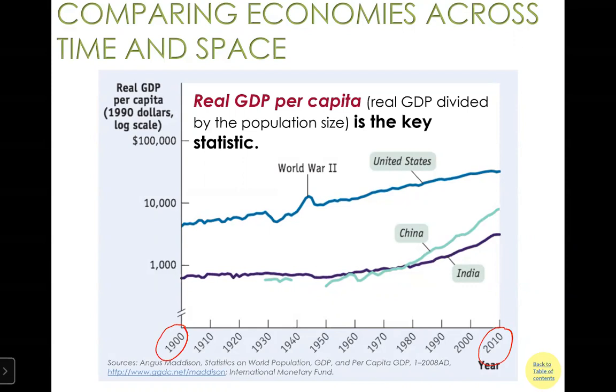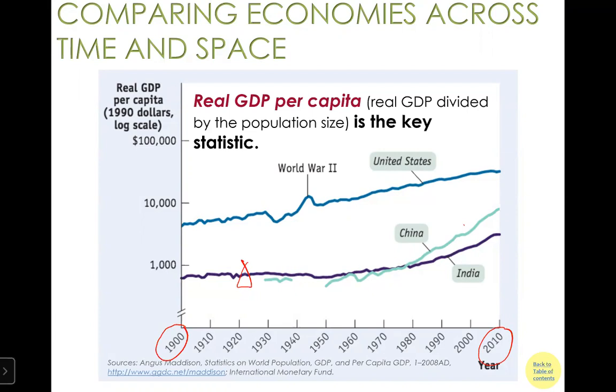And then in the middle, we have India, this solid line. And you have this light line, which is China. Okay, what have we seen from here? Few things. Number one, overall, United States is on top of China and India, and pretty much all of the rest of the world. This is number one.